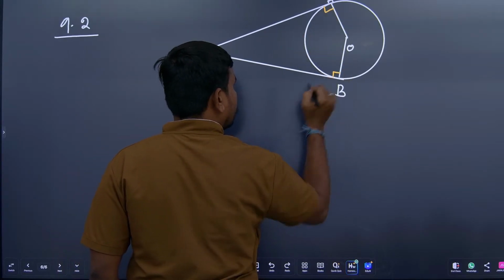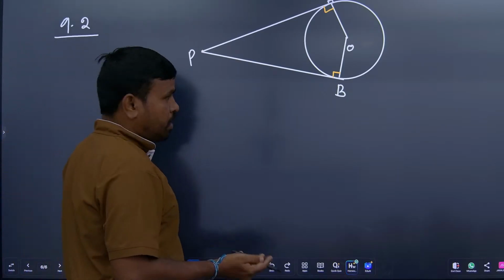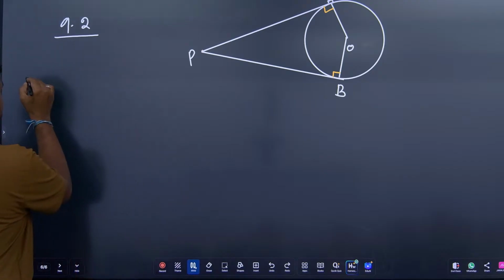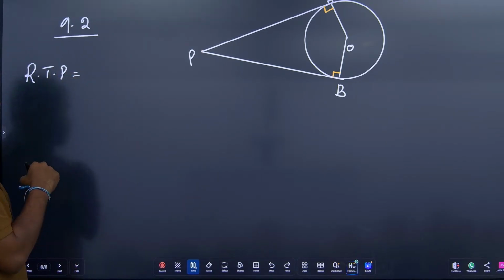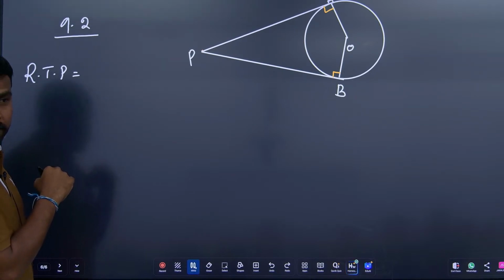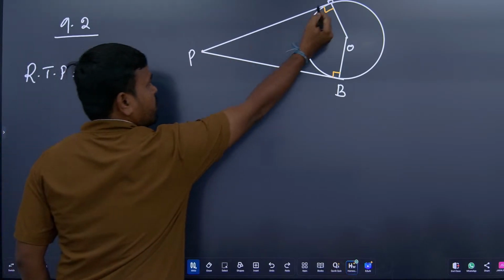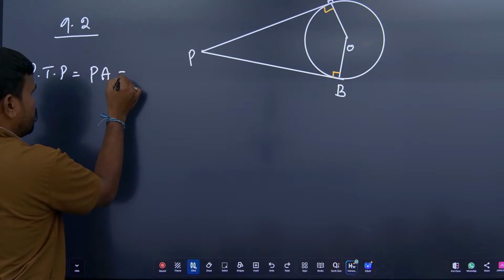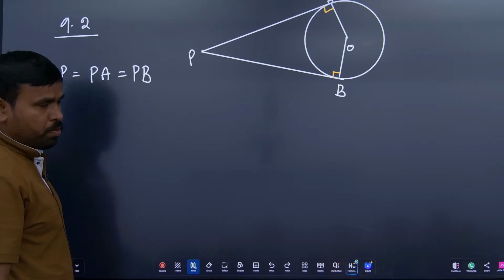We need to prove PA equal to PB. RTP means required to prove. So the lengths of the tangents are equal: PA is equal to PB.